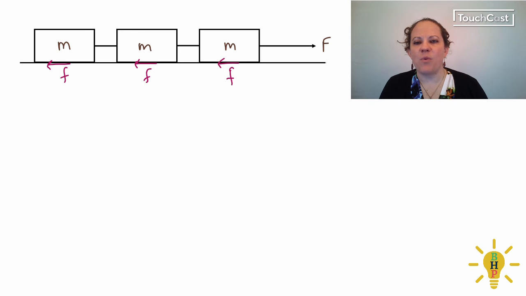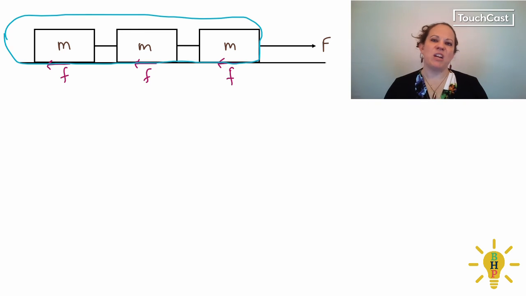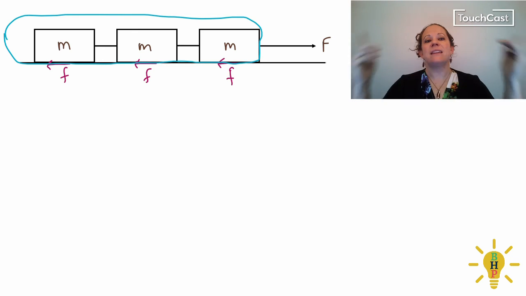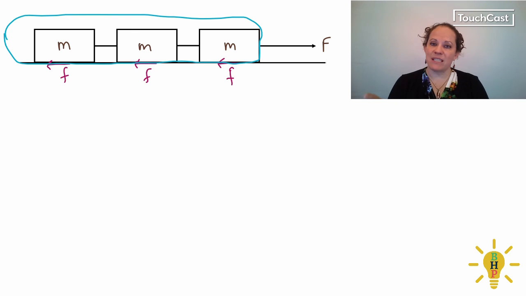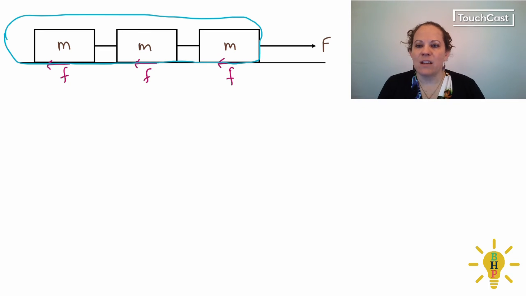And again, the point of circling our system is that objects inside the circle are part of the system. Anything outside is not a part of the system, but can interact with the objects inside the system. In this case, that surface is outside the system, but can still interact with the boxes. So I'm going to go straight for acceleration equals net force divided by mass.